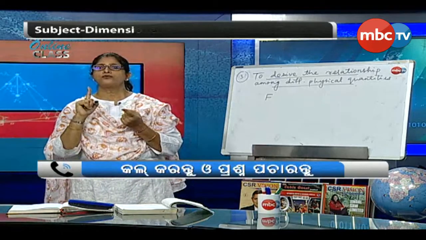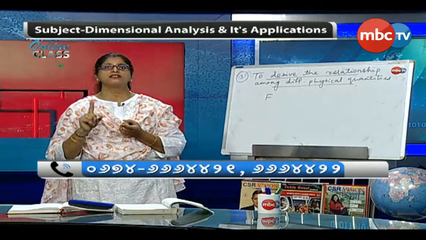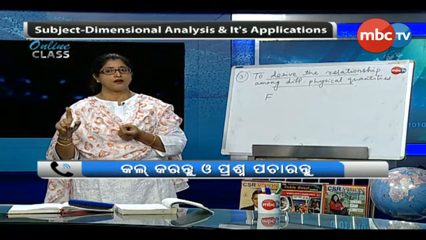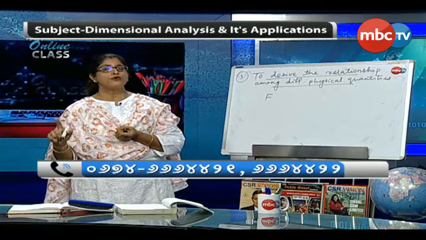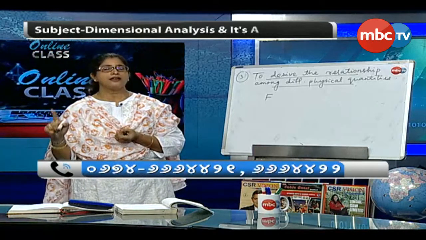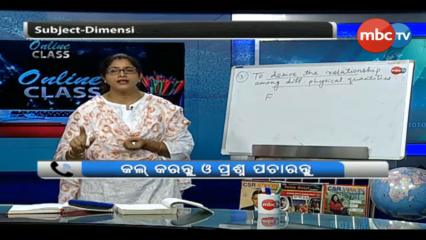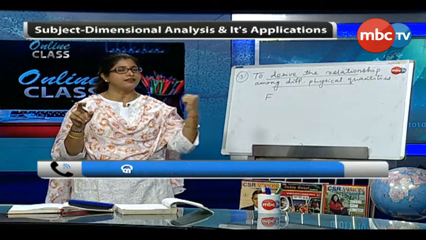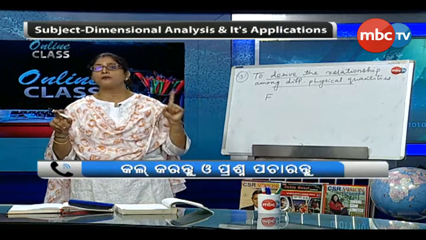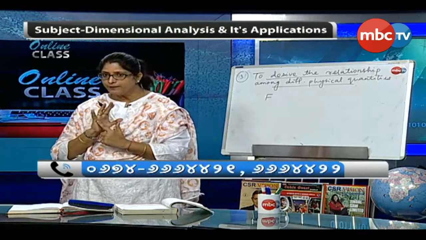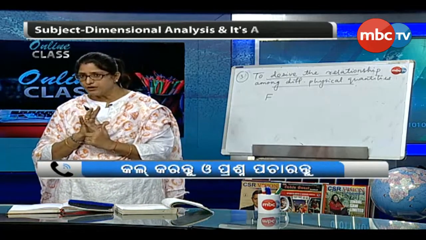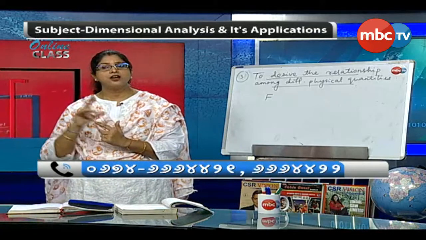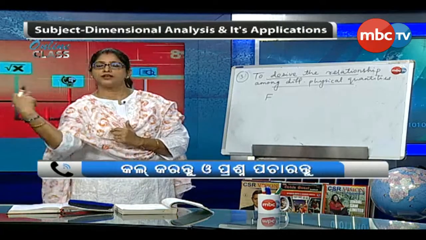We have to find the expression for the centripetal force of a body of mass m moving with velocity v in a circular path of radius r. That means this centripetal force depends on how many factors? Mass of the body, velocity of the body with which it is moving, and the third one is the radius of that circular path in which it is moving.